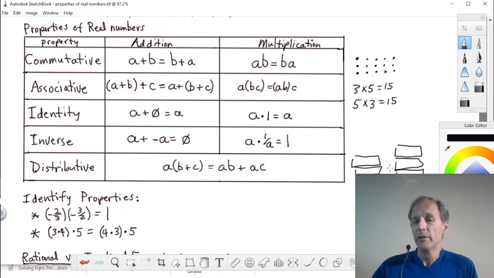No matter what the exact numbers we're using here, the number of eggs isn't going to change. So the distributive property works. You could calculate it either way and you get the same number. So A times (B plus C) will always equal A times B plus A times C. I won't talk about the others, but they also make sense. They also work. That's why we use these properties.